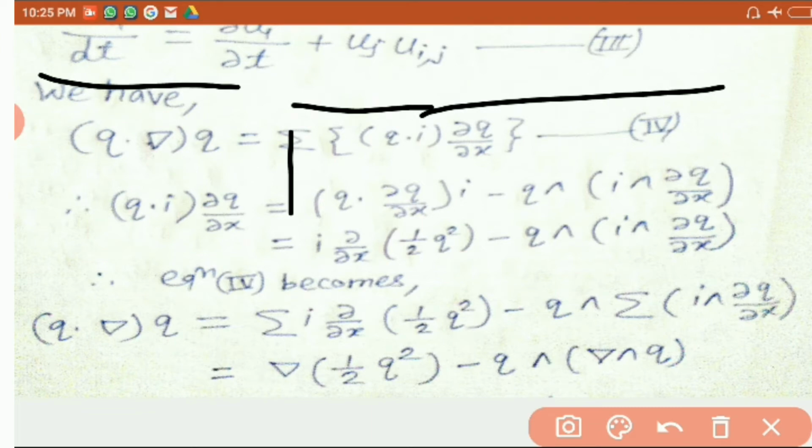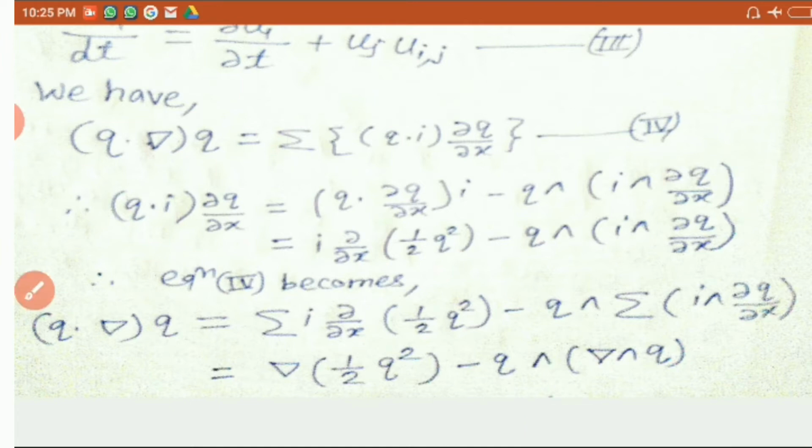So we have this equation: du i by dt is equal to dou u i by dou t plus uj ui,j.